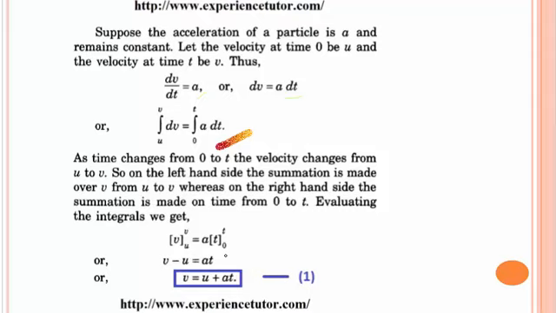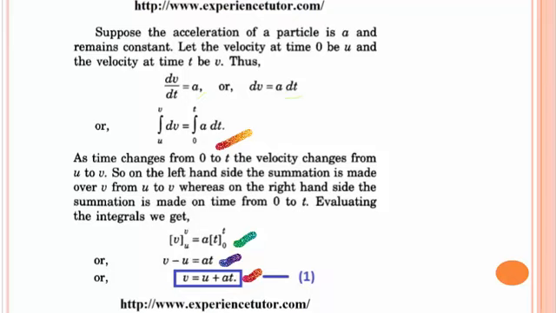Evaluating the integrals, we get v from u to v is equal to a t from 0 to t. On solving this, v minus u is equal to at, v is equal to u plus at. This is the first equation for motion.